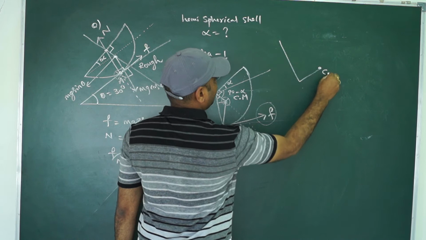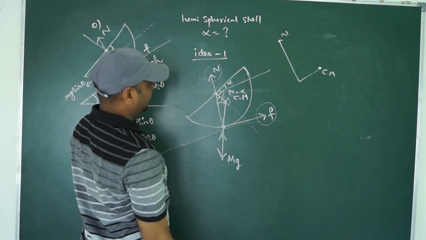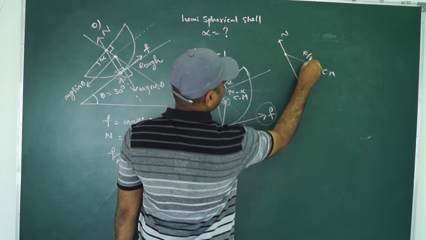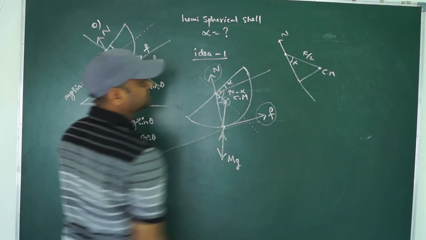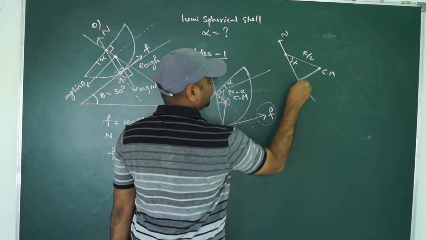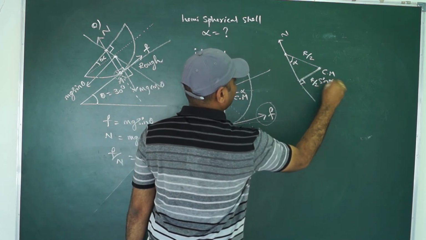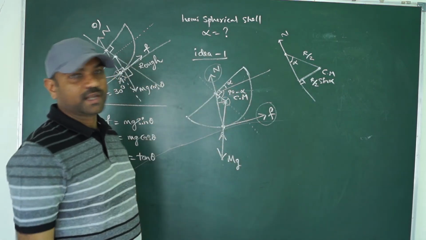And this is the center of mass, and this is the normal line, and this is the center. And this is r by 2. This angle will be alpha. Then the perpendicular distance will become r by 2 sin alpha. So r by 2 sin alpha is the perpendicular distance for the normal reaction.